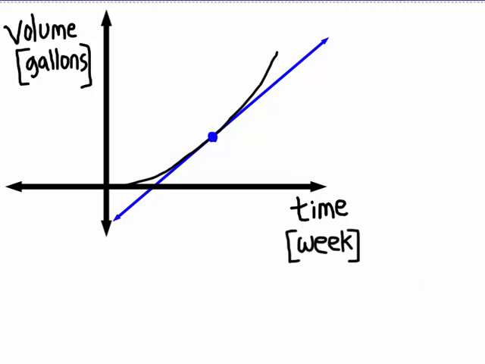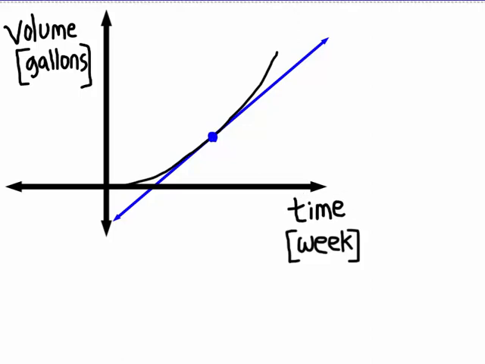The slope of the tangent line would give you gallons per week as a rate of change of the water in that container. So again, generally the slope of a tangent line gives you the rate of change of some function, and quite often you're dealing with time on the independent axis.